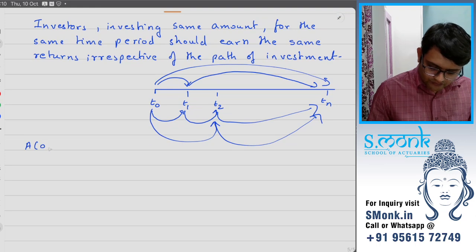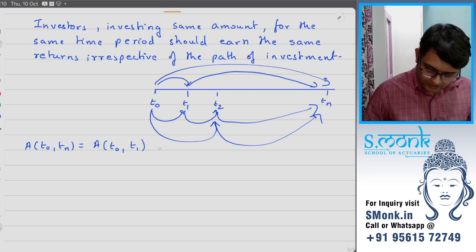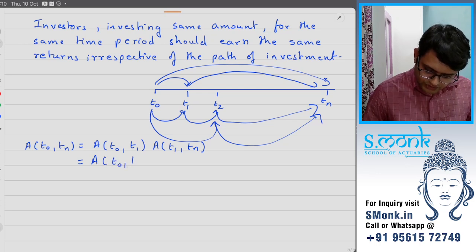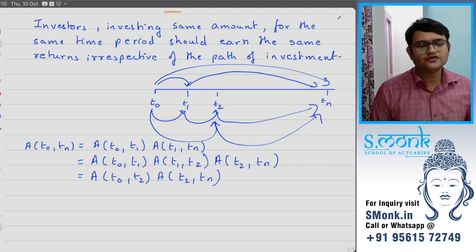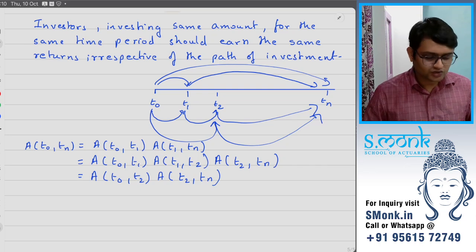So we say the accumulation factor from time 0 to time n should be equal to the accumulation factor from time 0 to time 1 and then time 1 to time n, or it should also be equal to t0 to t1, then t1 to t2, and then t2 to tn, or it should also be equal to t0 to t2 and then t2 to tn, irrespective of the path taken.